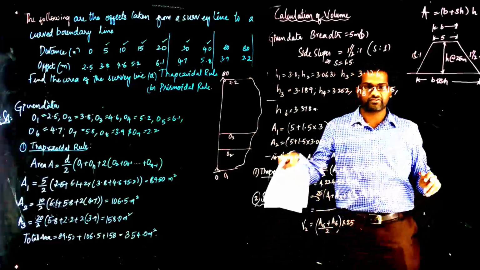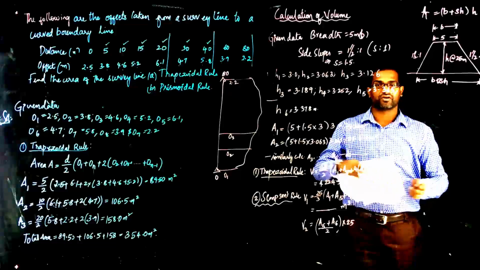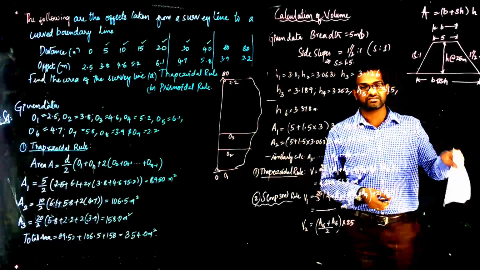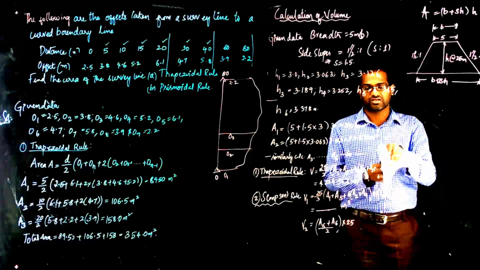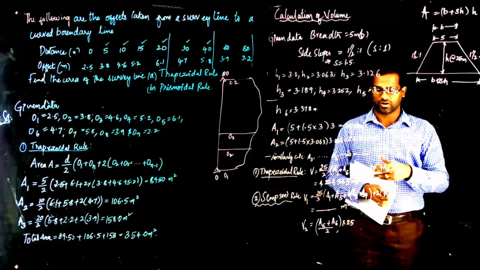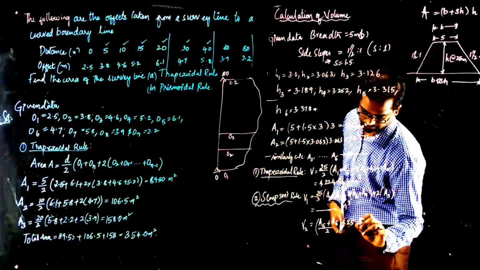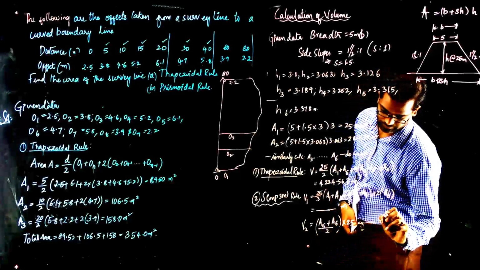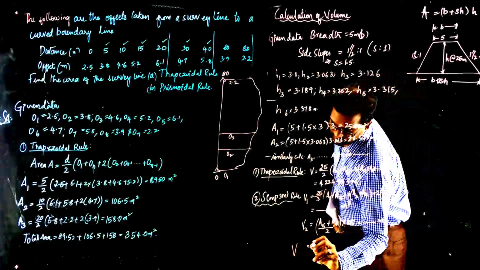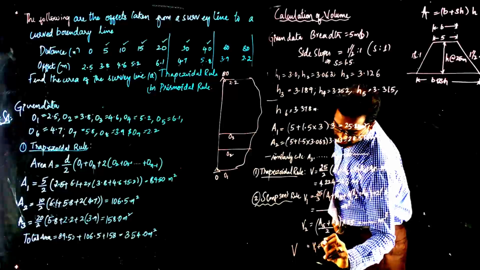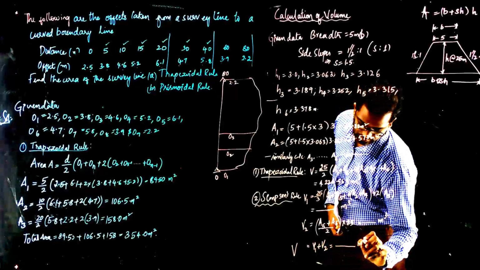I have taken the A5 area and the A6 area and done the average, then I got the mid average, then I multiplied with the overall length, that is 25. You will get a value in cubic meters. Now total volume capital V is given by V1 plus V2. So add this in order to get the exact value.